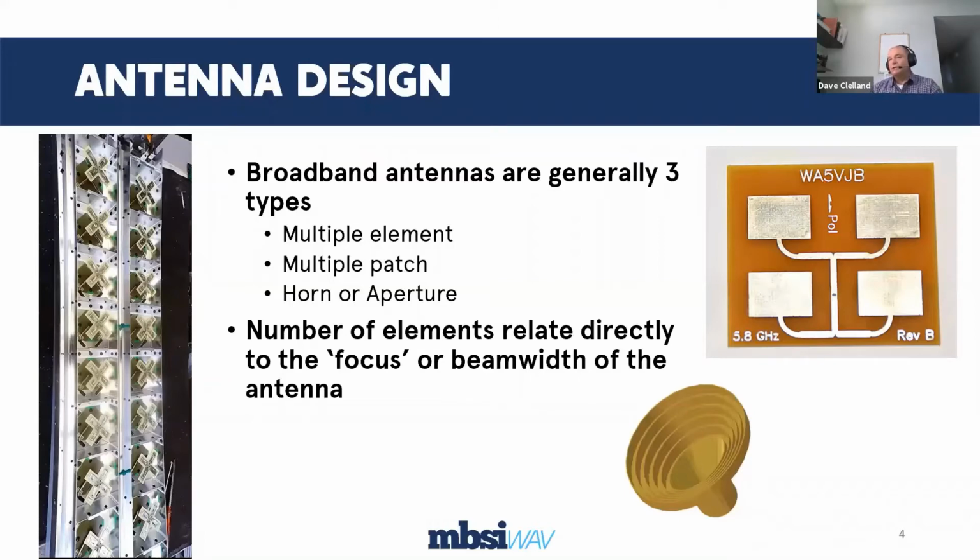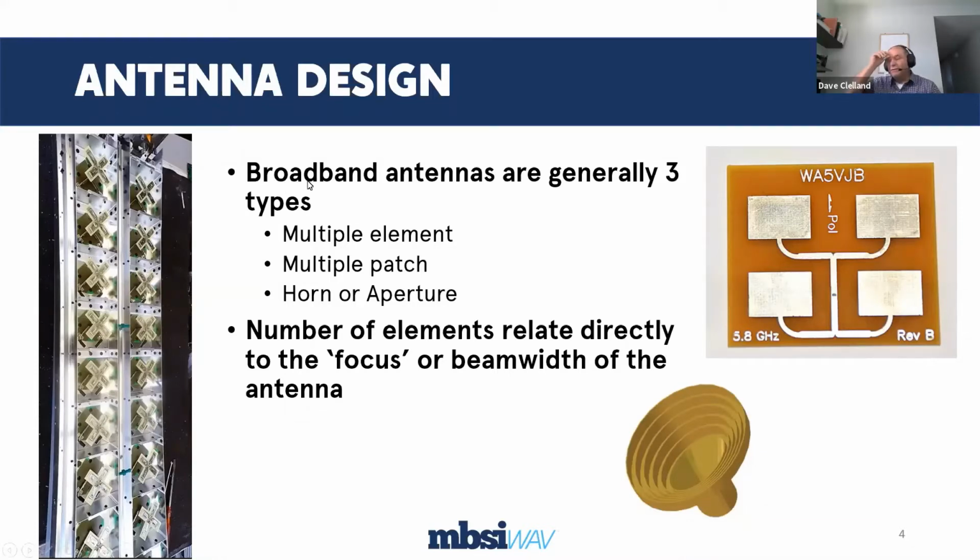So that's one of the reasons why we use 50 ohms as the impedance of broadcast antennas. Generally speaking, the more elements that we have, the higher the gain and the tighter the focus of the antenna.